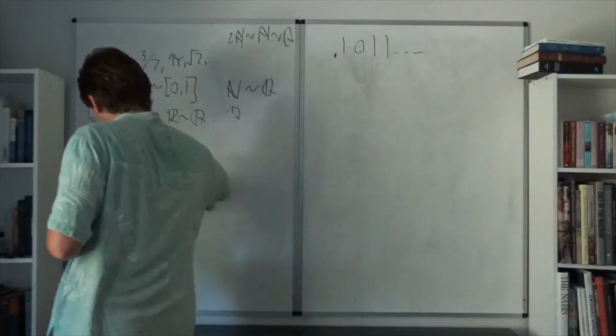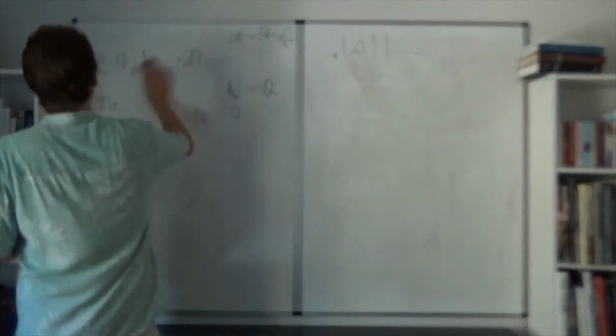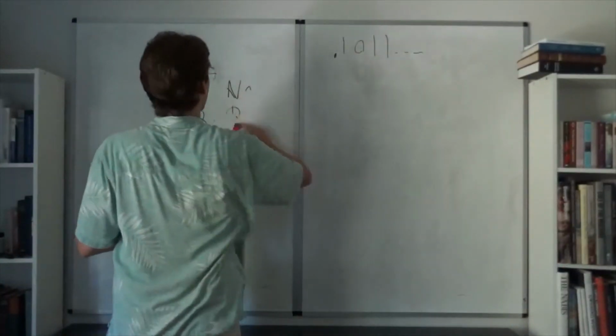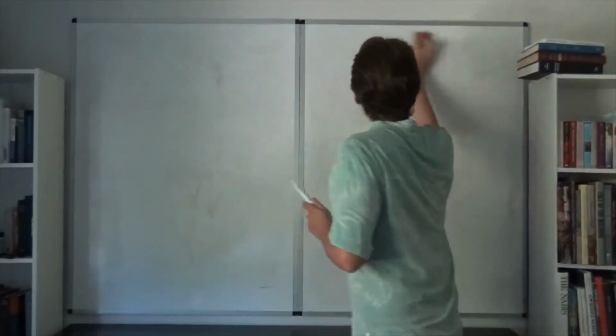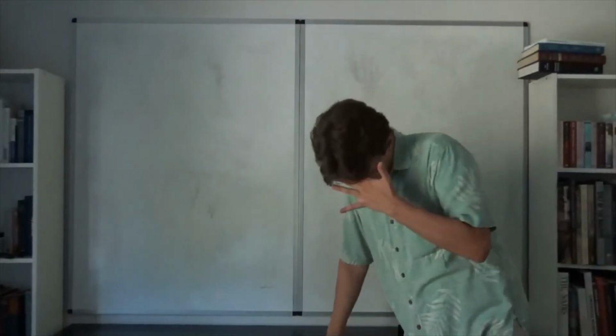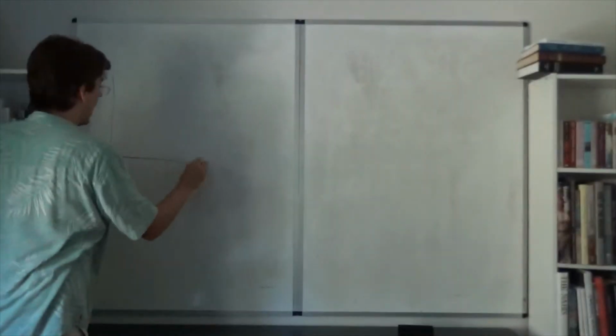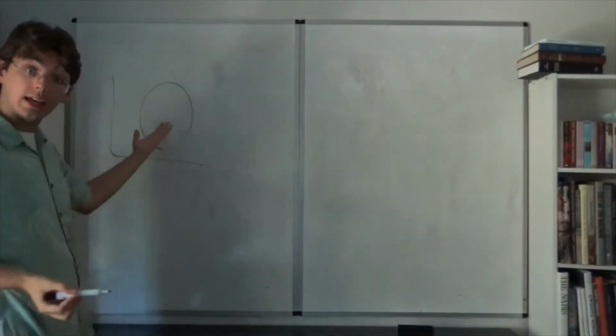Let's talk about some very basic measure theory in a very simplified fashion. Now, I want to find out the size of various sets, like in 2 dimensions. How big is a circle? How do I find that out?